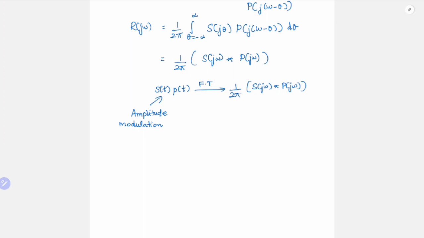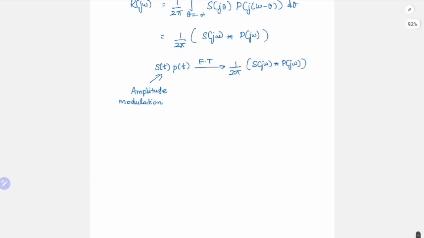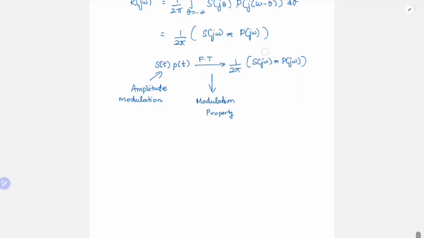So this is called amplitude modulation, and because of this property, this entire property is also called the modulation property. So again, this is also an important relation, because we often encounter this kind of multiplication in the time domain. So this brings us to the end of the properties of the Fourier transforms.